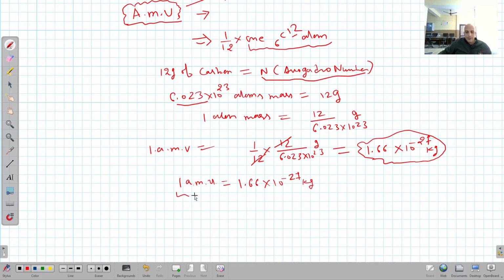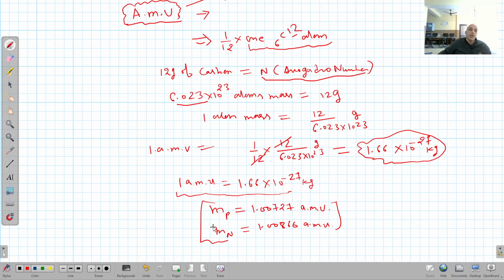Now we can express the mass of proton and neutron in terms of AMU. Mass of proton is equal to 1.00727 AMU. Mass of neutron is equal to 1.00866 AMU. This is the way of writing the mass of subatomic particles like proton and neutron.